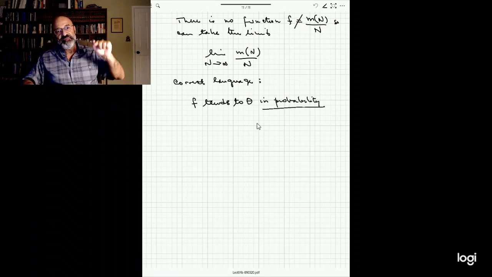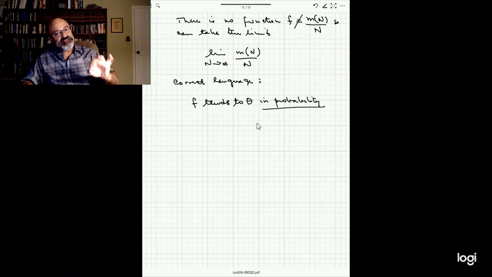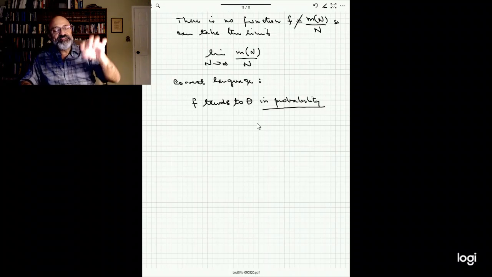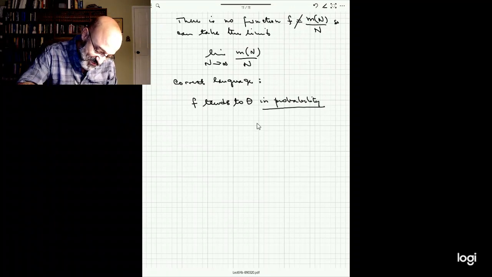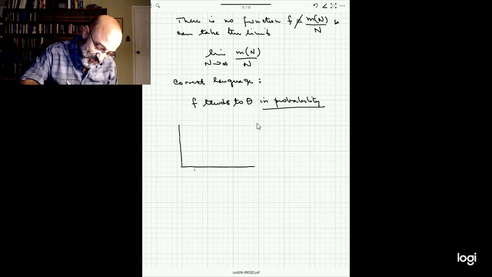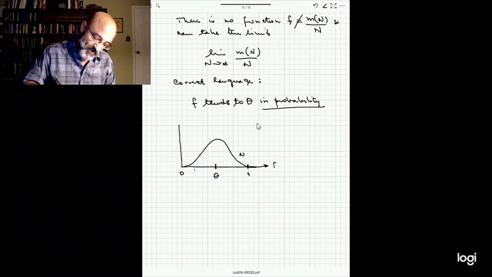It is not that f tends to theta. It is rather that the probability of f being different from theta goes to 0. So this is what we express when we say you have the probability distribution for a finite n, and the expected value here is theta, and this goes all the way from 0 to 1, and these are the frequencies, right?